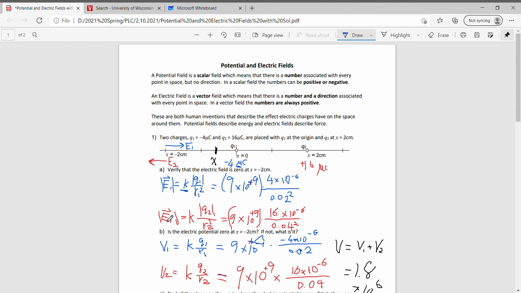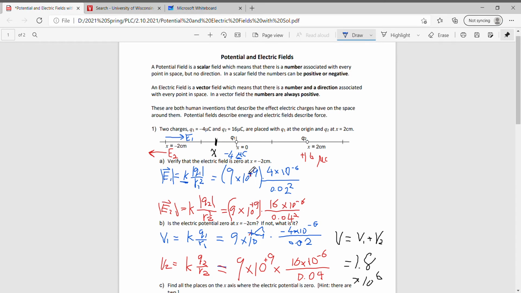For E2 it's the same procedure. We replace Q1 with Q2, which is 16 times 10 to the negative 6, and R2 is 0.04 squared. These two numbers are actually equal to each other, and therefore the electric field is 0 at x equals 2.